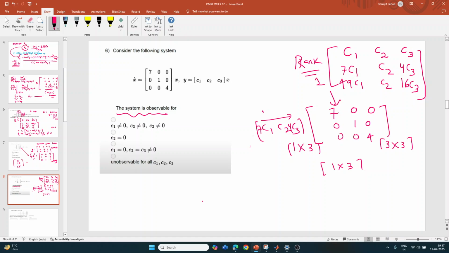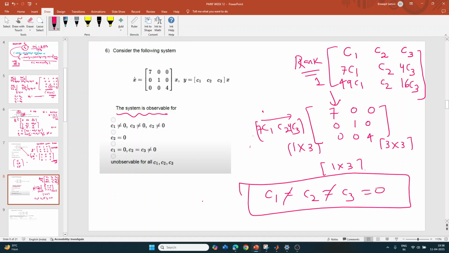By looking at the system, I can say that the determinant is equal to 0. A determinant equal to 0 means the system is non-observable. But he wants the system to be observable. Then what do you need to do? You find out the determinant. Then from the determinant you see that C1, C2 and C3 should all not be equal to 0. These properties will be satisfied.